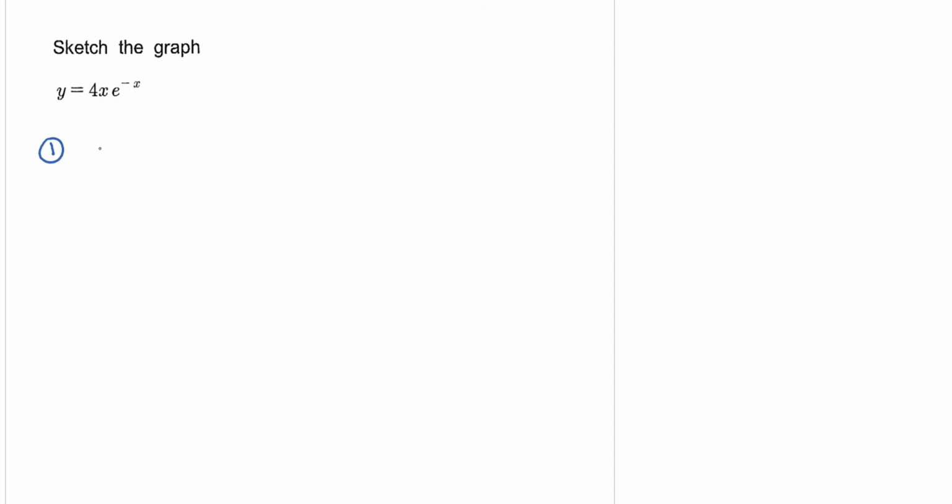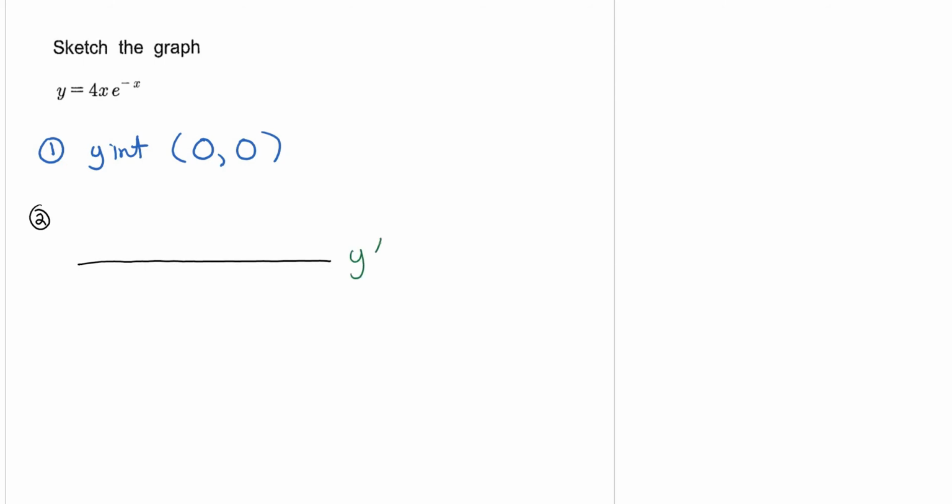Step 1, I would go ahead and find the y-intercept, which was very similar to the previous problem. So the y-intercept happens when x equals 0. And if I plug in 0 here, then the y value has to be 0. So that's step number 1, to find the y-intercept right away. And then for step number 2, I will once again give you the results from the first derivative test.